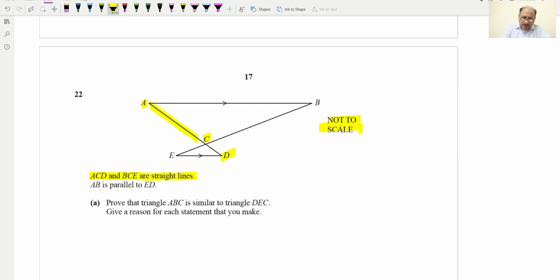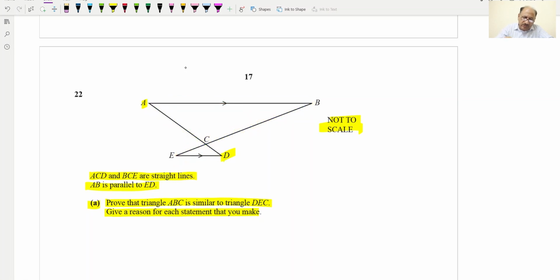So this is a straight line, and this is also a straight line. This is the information they have provided. AB is parallel to ED. So this one is parallel to this one. And A part, prove that the triangle ABC is similar to the triangle DEC. Give your reason for each statement.